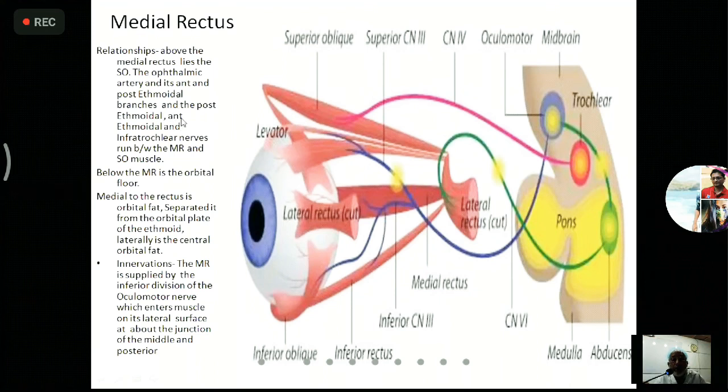So in between is this relation. Below the medial rectus is the orbital floor.